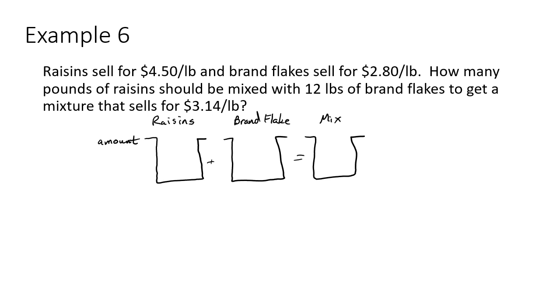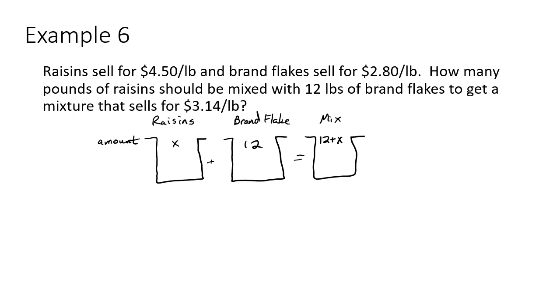So let's see, we have this 12 pounds here, that's of bran flakes. So we got 12 pounds of bran flakes. As far as the amount of raisins we have, how many pounds of raisins, that's our unknown in this case. So an X amount of raisins, which means our final mix will be 12 plus X pounds.